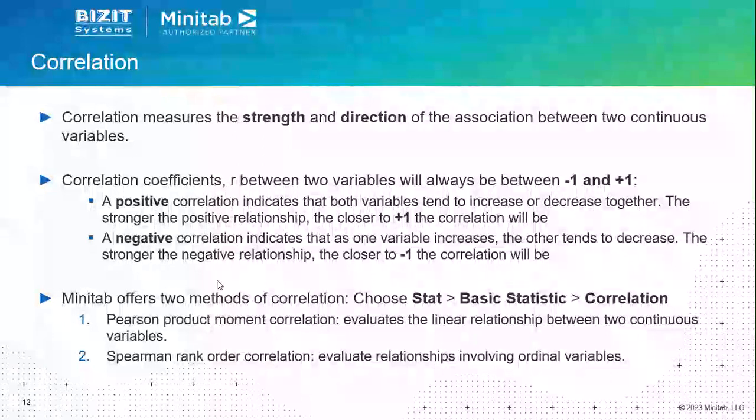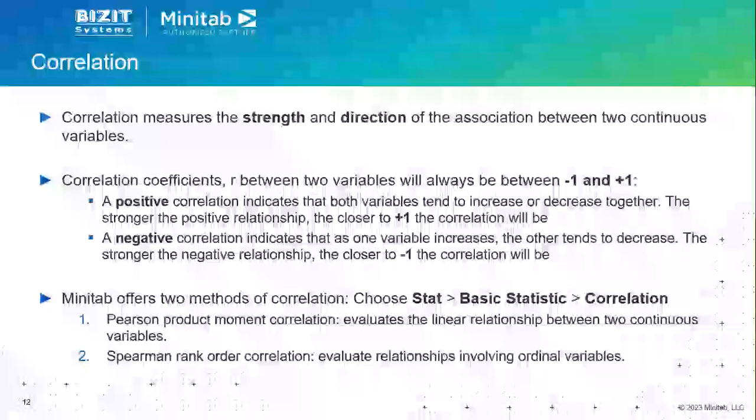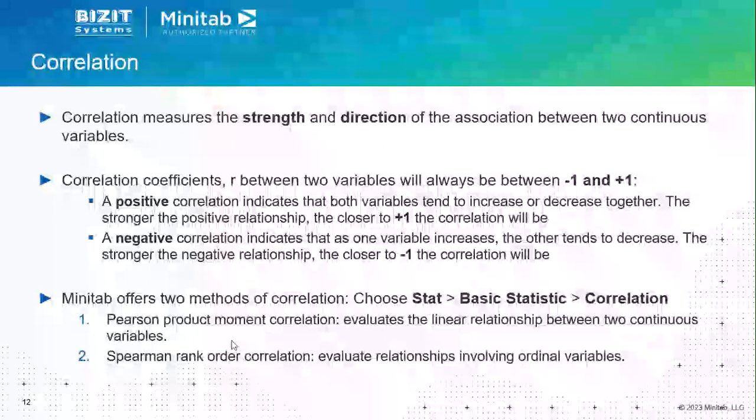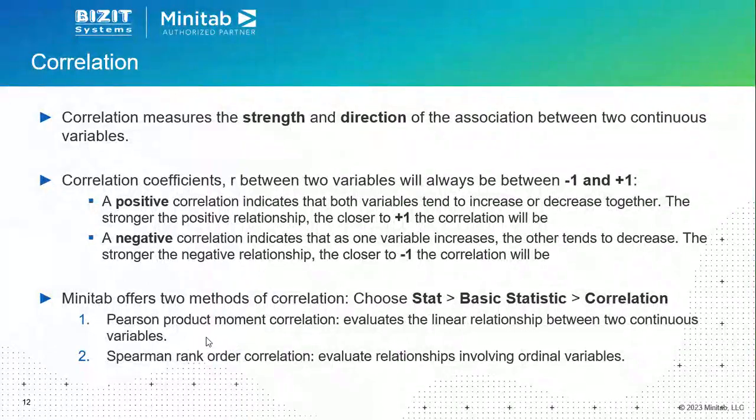Okay, and then we have two types of correlation method in Minitab. Currently, we have the Pearson product moment correlation, and then the Spearman rank order correlation. I think most of us always use the Pearson product moment correlation. If you have a continuous data set, you will go for the Pearson.